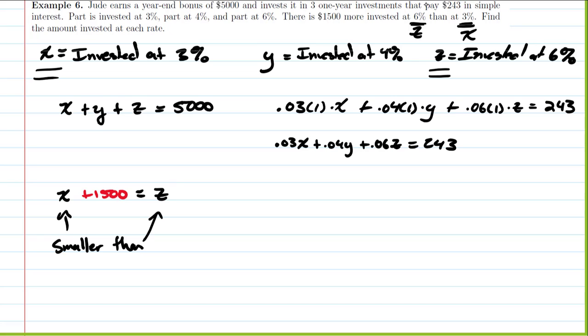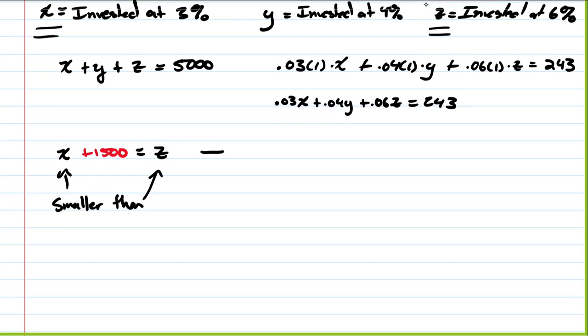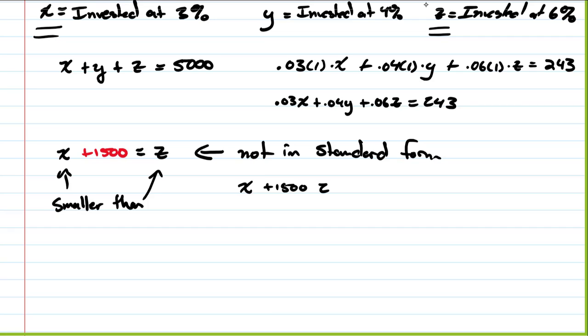Now I want to write my matrix, but this is not in standard form, so I need to move some things around. I have x plus 1,500 is equal to z.